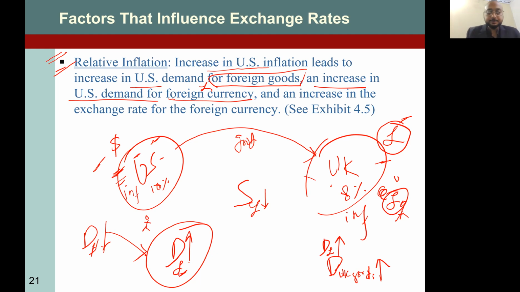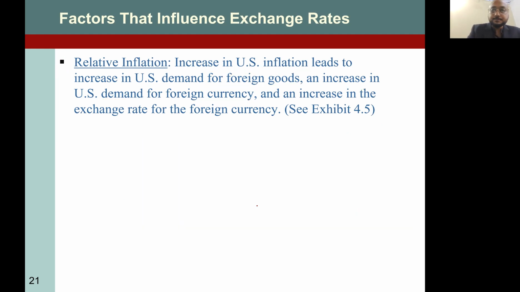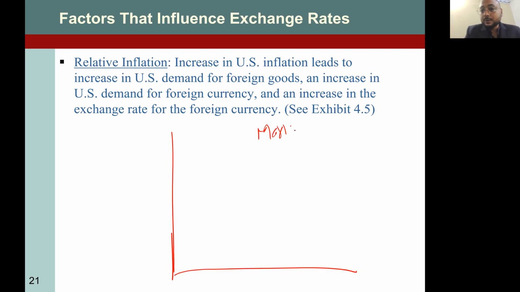So what happened here? If this is a market for pound, I write it down so that students are not confused. This is the equilibrium right now.